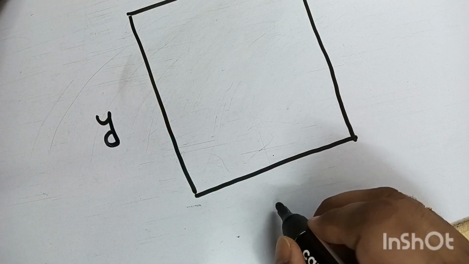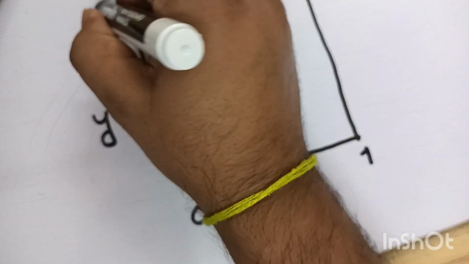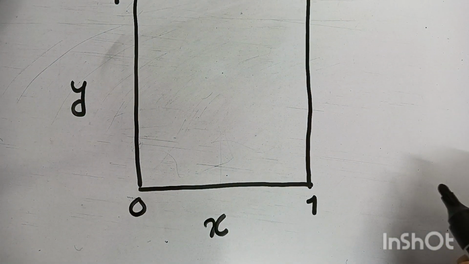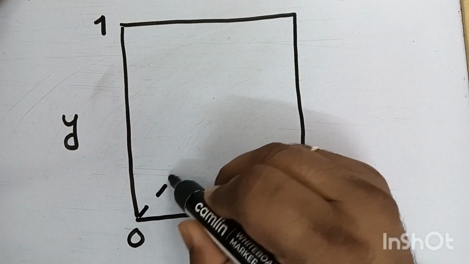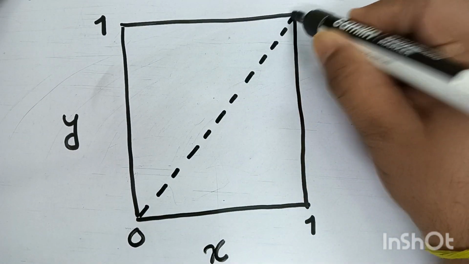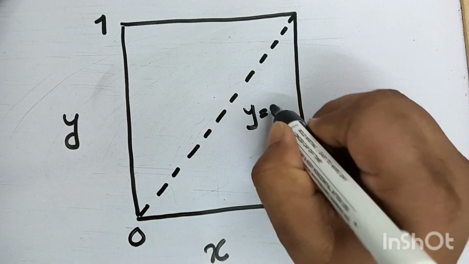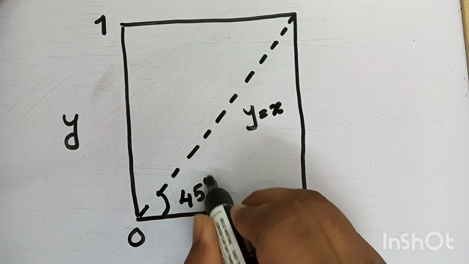This is the y-axis, this is the x-axis, the scale is from 0 to 1, 0 to 1, and after that we draw the diagonal, which is nothing but the y equal to x line. It is also known as the 45-degree line.